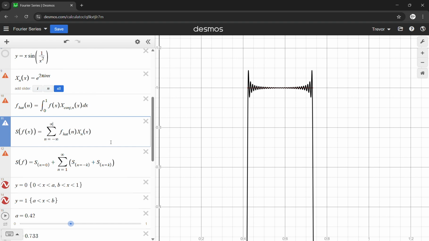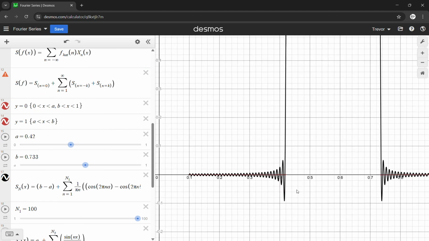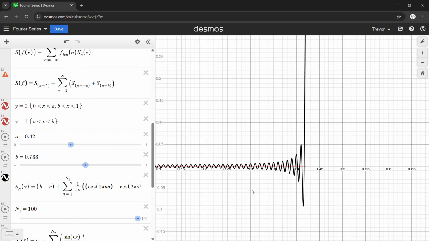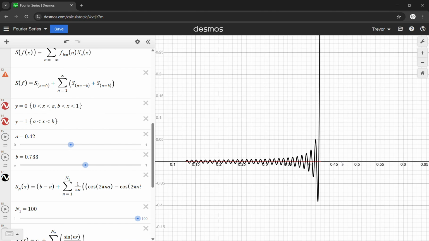We can't go up to infinity because we're on a graphing calculator. But you can imagine if we were able to, then it would what we call uniformly converge to the red line, which is just a fancy way of saying it would become the red line at infinity, which is really sick.